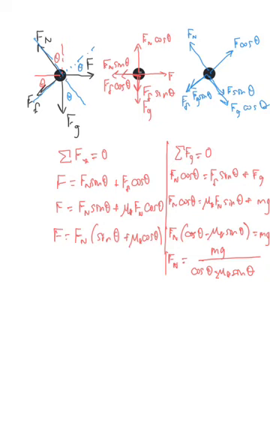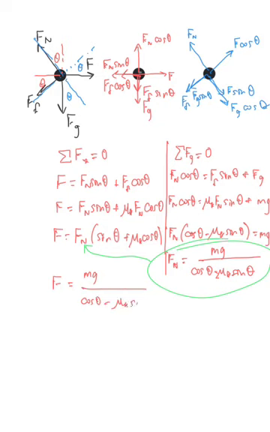And if we take this whole equation for Fn, we can plug it in to this one right here, and what you end up with is F is equal to mg over the cosine of theta minus mu k sine of theta.